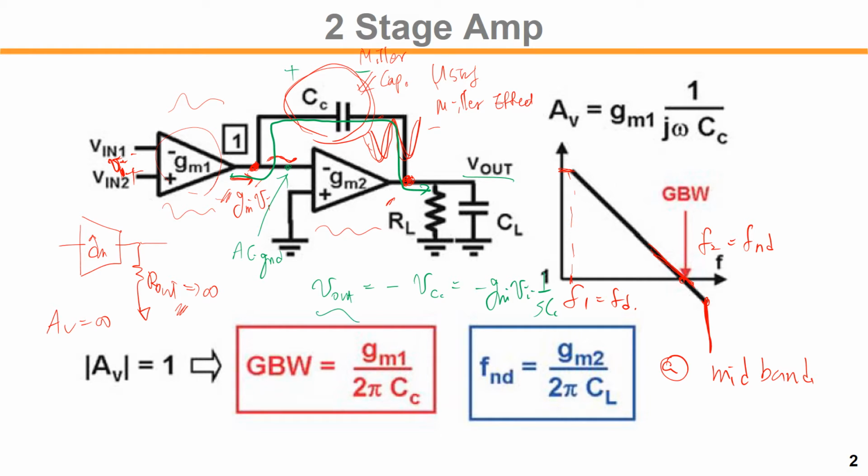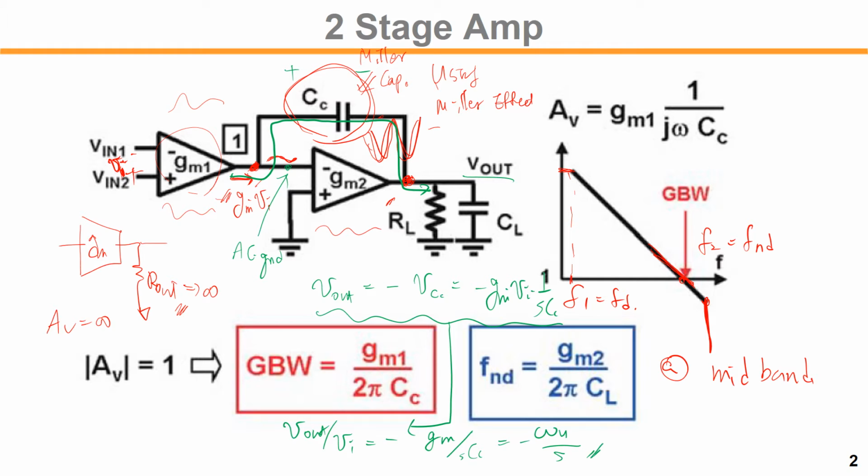Based on that, we can derive that at midband, V out over V in is minus GM over SCC, meaning omega U over S.